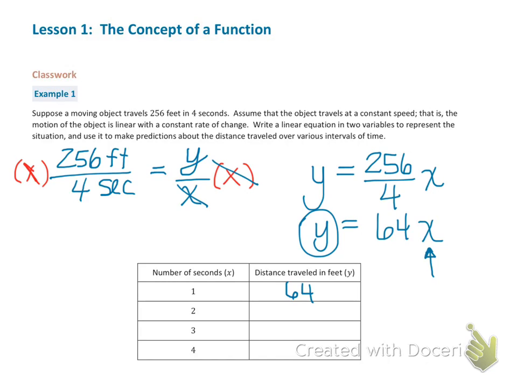If I put in 2 for x, 2 times 64 is 128. And if I put in 3, 3 times 64 would be 180 plus 12, 192. And I already know 4 seconds, 4 times 64 is 256.